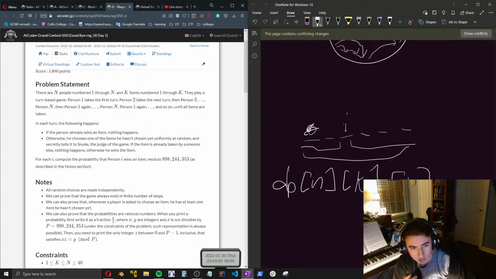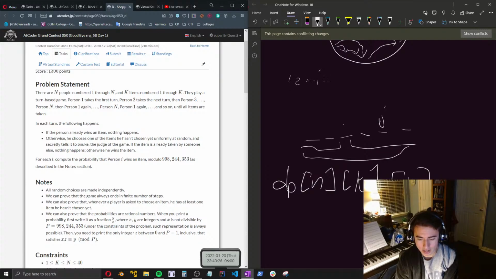Also, think about it like this. For our transitions, we only have to think about when someone selects a gift, it'll be taken out, right? Let's say person J after I selects a gift. You have 1, 2, I, J, and n.